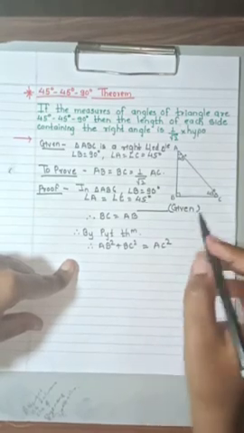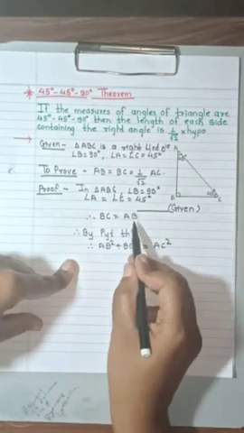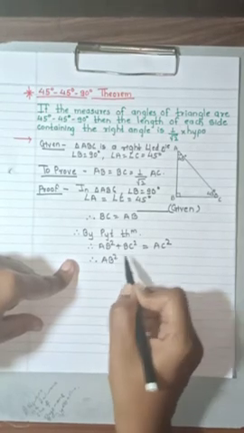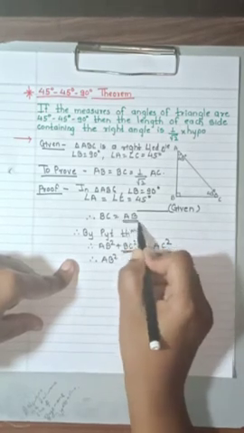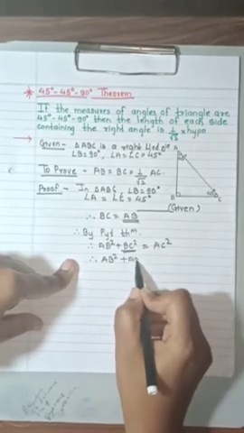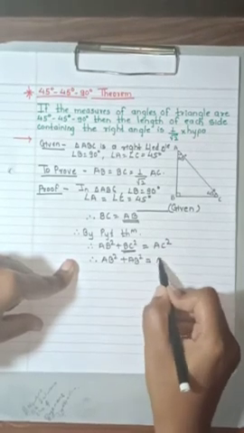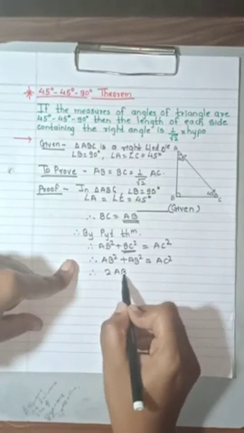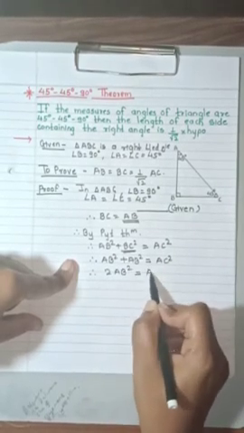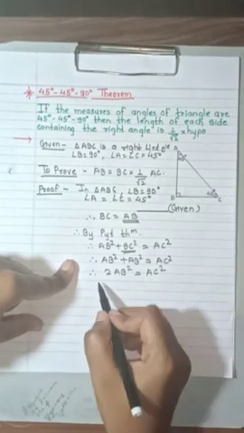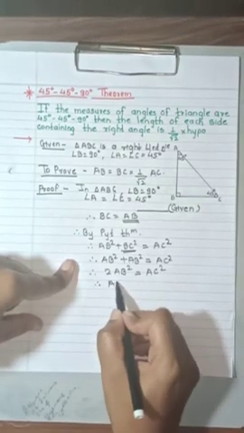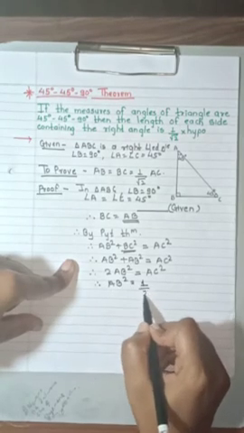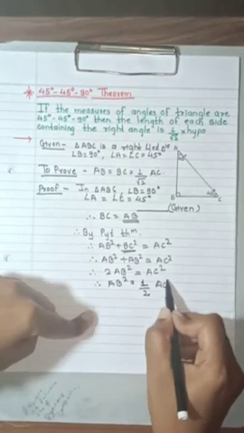Okay. Now children, it is given to you all that BC is equal to AB. Therefore, we can write down here AB square. Instead of BC, I will write down here again AB, plus AB square is equal to AC square. Therefore, you have here twice AB square is equal to AC square. Therefore, AB square is equal to 1 upon 2 AC square.